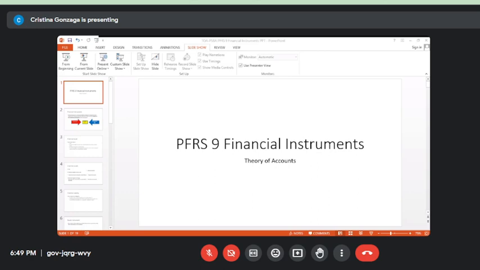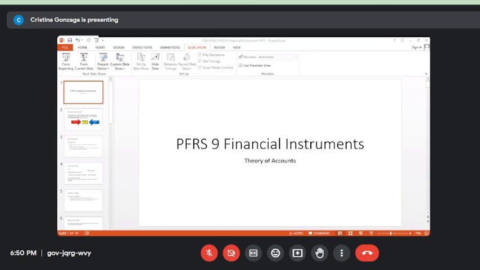Kasi kapag hindi siya pumasa dito sa cash flow characteristic test, automatically the classification is that of fair value through profit or loss. Tandaan nyo yan. Kapag pumasa sa cash flow characteristic test, dadaan siya ng another test which is the business model test.